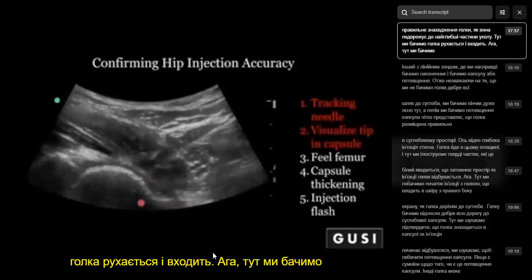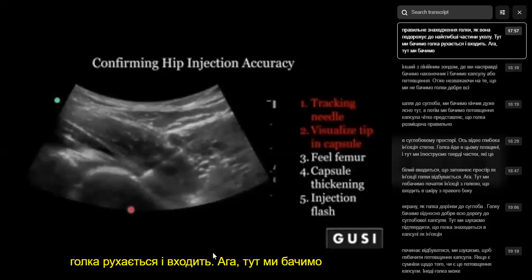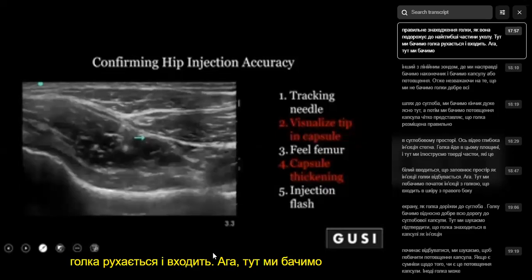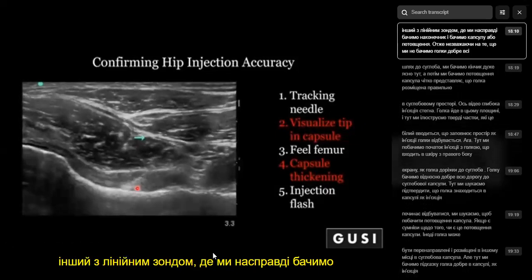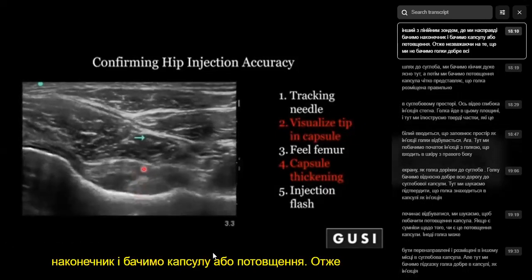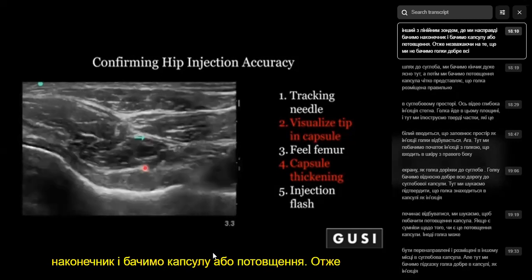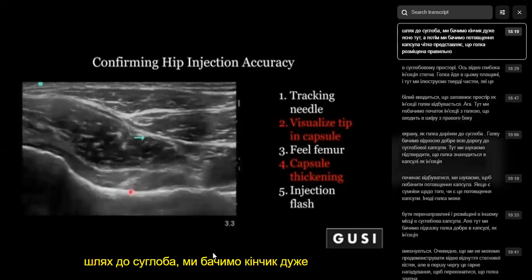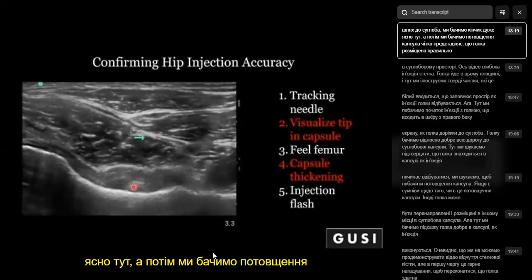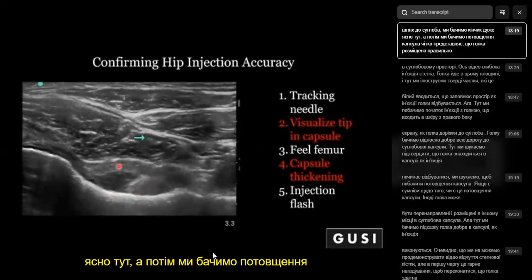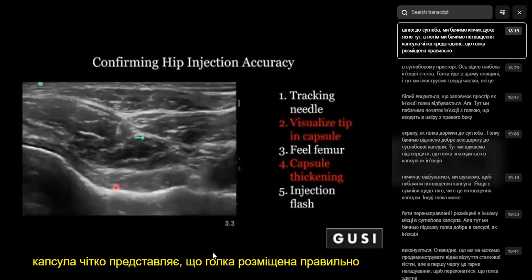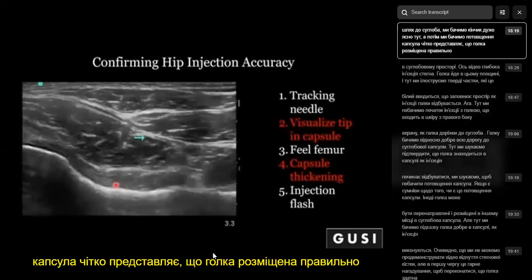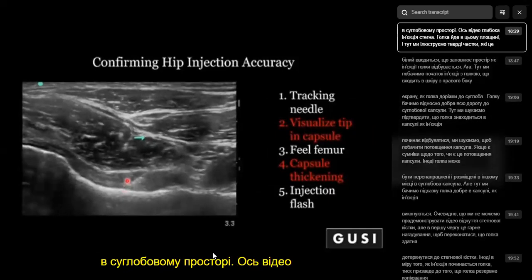Here we see the needle moving and entering. Here we see another with a linear probe where we actually see the tip and we see the capsular thickening. So even though we don't see the needle well all the way to the joint, we see the tip very clearly right here, and then we see the thickening of the capsule clearly, representing that the needle is placed correctly in the joint space.